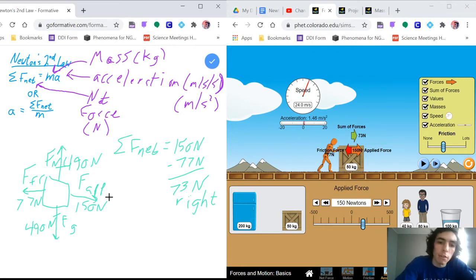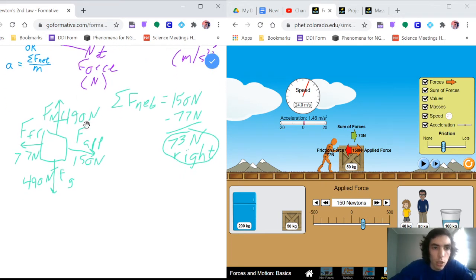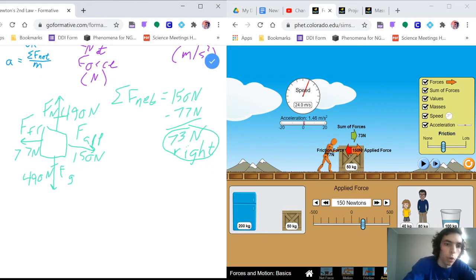So we have our net force, 73 newtons to the right. But that still doesn't answer the question of how the simulation knew what the acceleration should be, or how they estimated the acceleration of this 50 kilogram object. In order to do that, we're going to use this second form up here of Newton's second law.